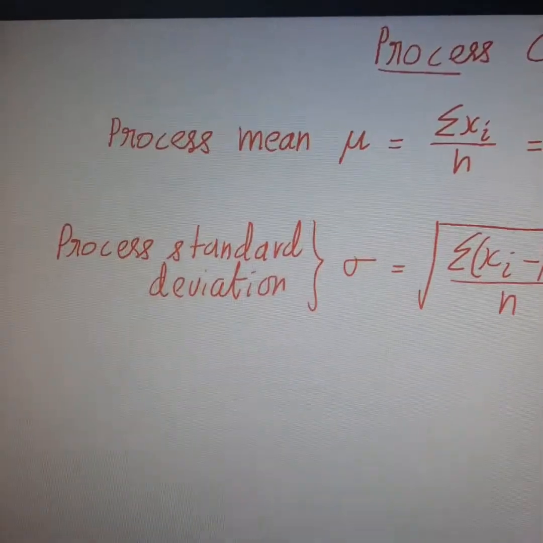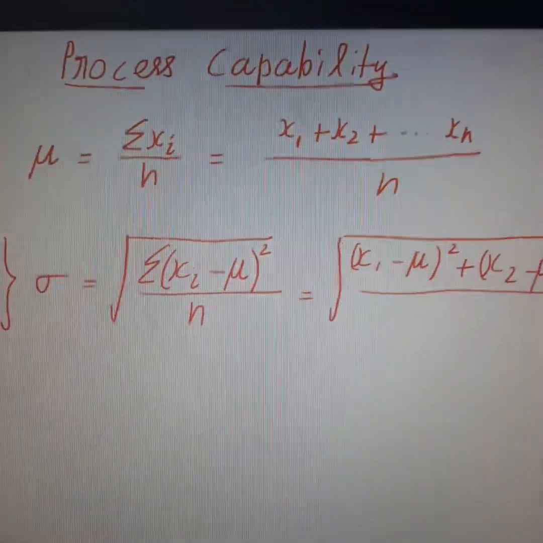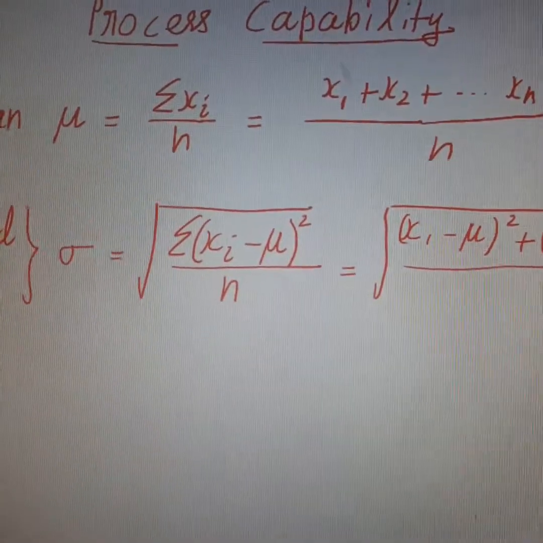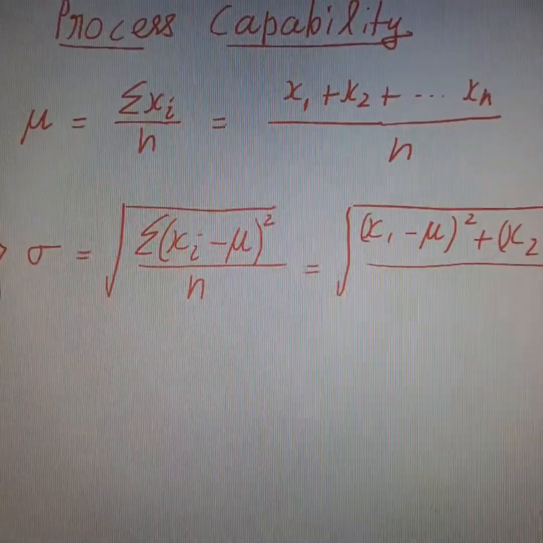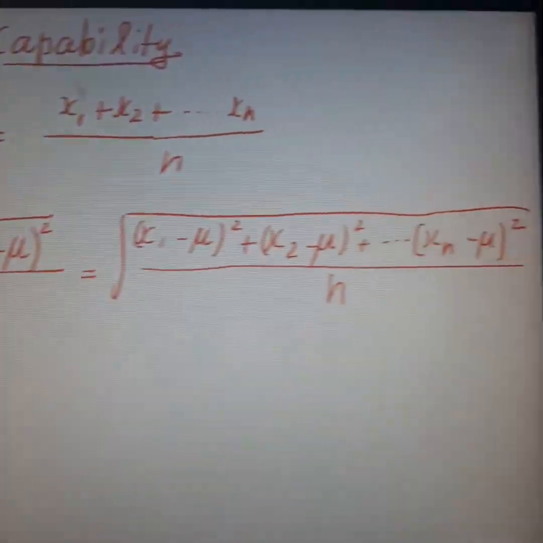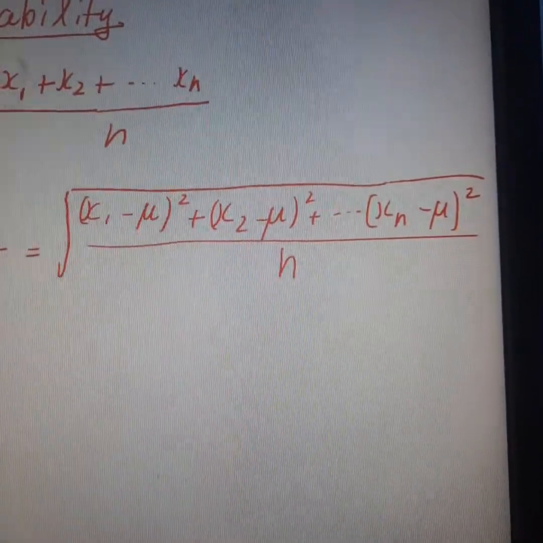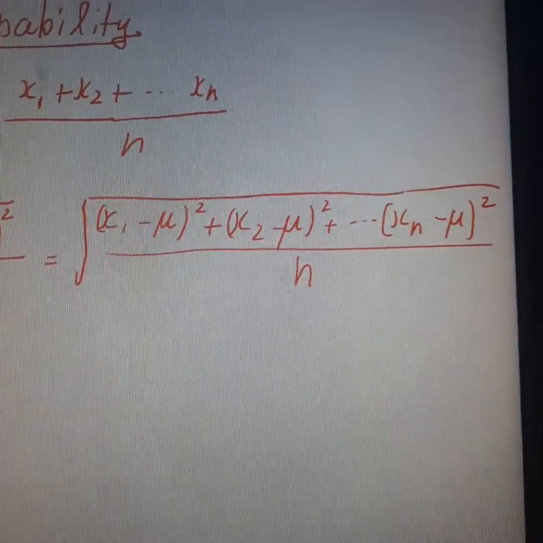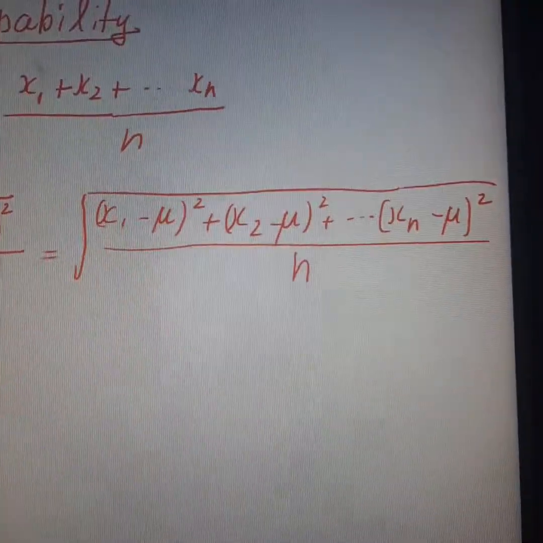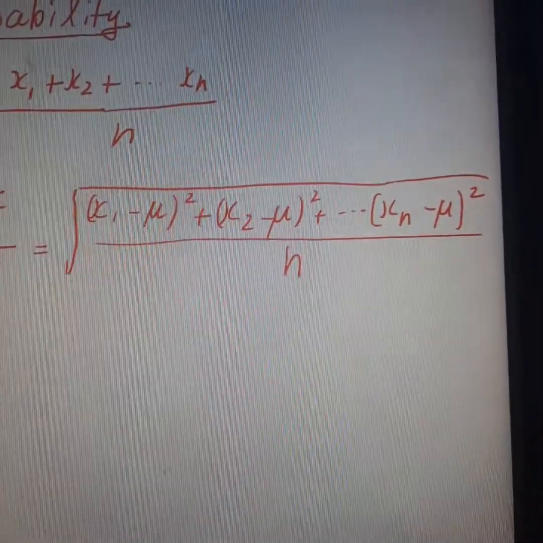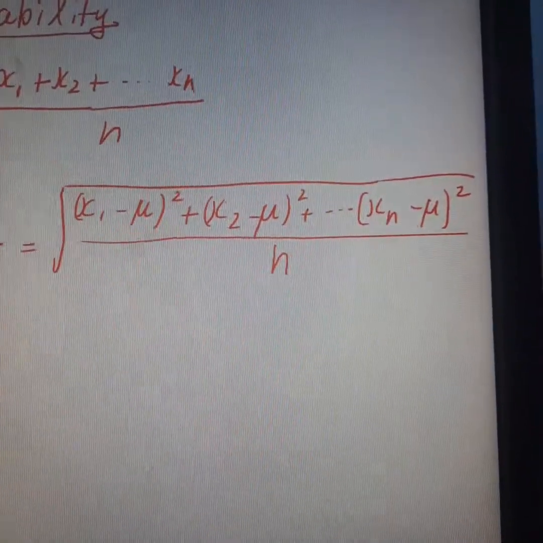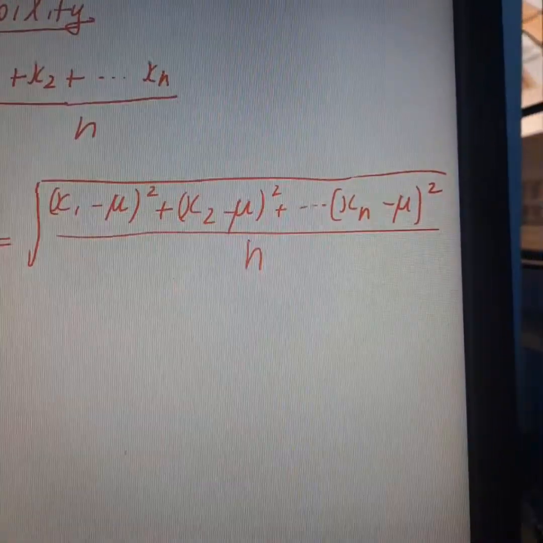Process standard deviation sigma is given by square root of sigma xi minus mu whole square by n, which is equal to square root of x1 minus mu whole squared plus x2 minus mu whole squared plus x3 minus mu whole squared plus xn minus mu whole squared by n.